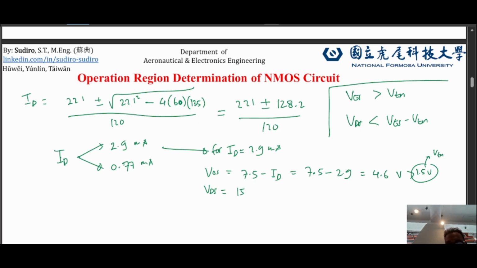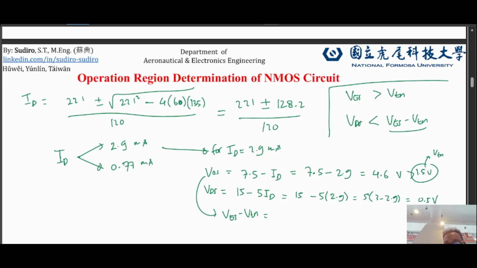VDS is 15 minus 5 ID, so we get 15 minus 5 times 2.9. It's equal to 0.5 volt, and VGS minus VTN is equal to 4.6 minus 1.5, which is 3.1 volt.